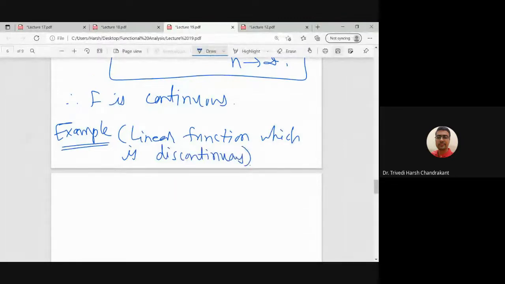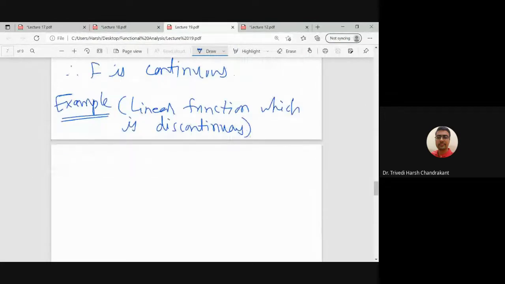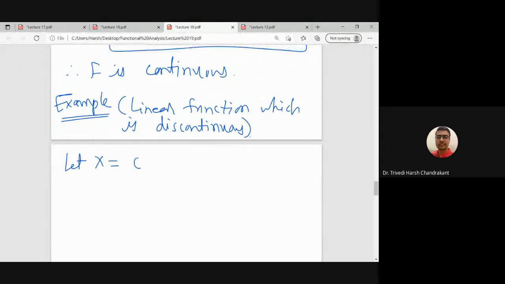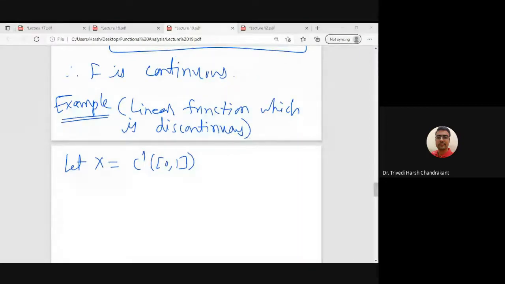Discontinuous, or basically not continuous function. So we are considering a function known as a differential operator. Let X be the set of C1[a,b]. So what is this set? Can you explain? C1 on the closed interval 0, 1. That is the set of all continuous and differentiable functions over 0, 1.